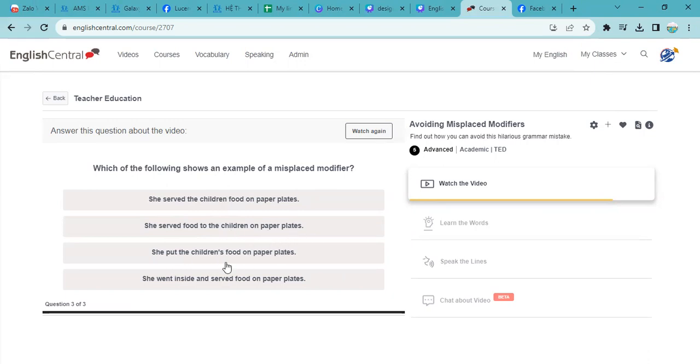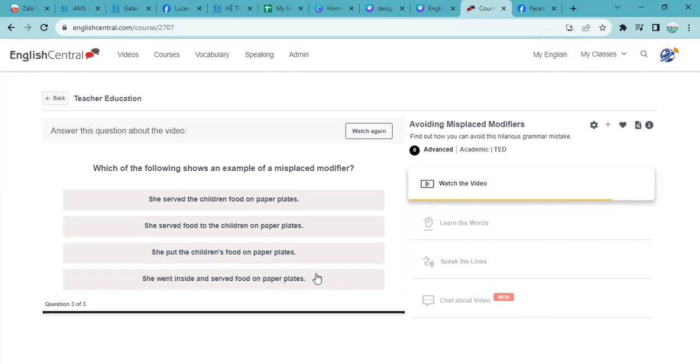She put the children's food on paper plates. She went inside and served food on paper plates. Example of misplaced modifier. I'm not really sure about this question, but let's try.